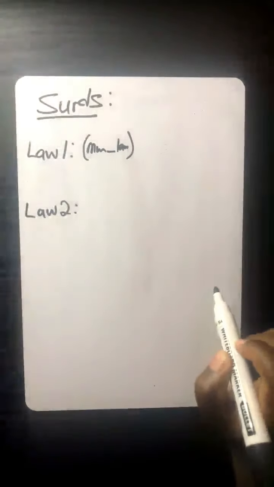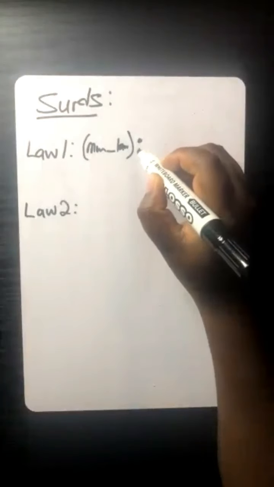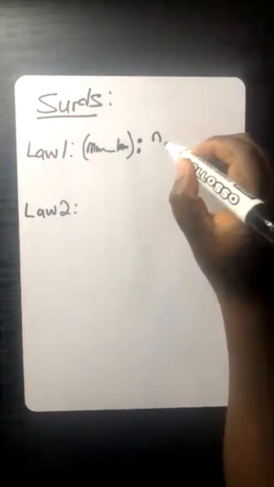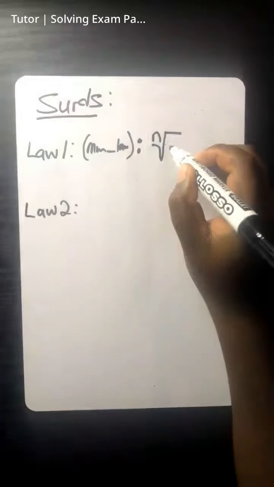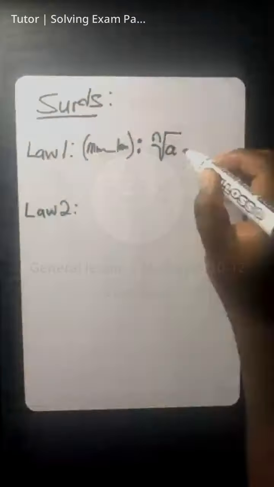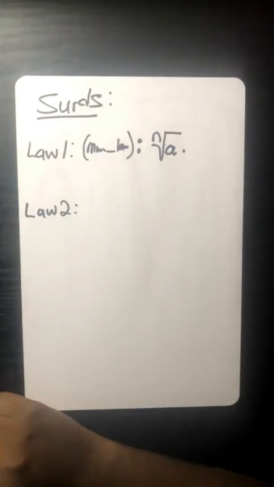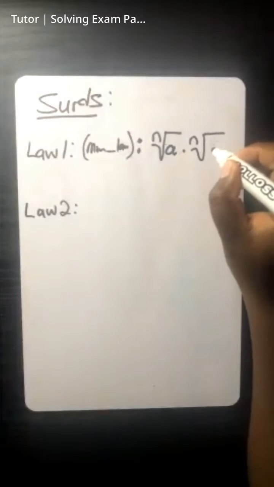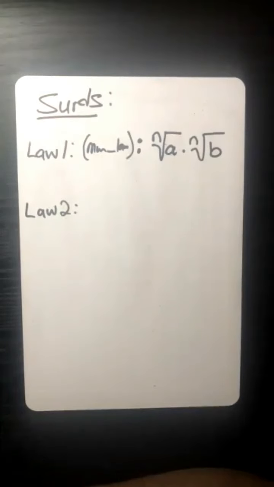It's called the multiplication law, which says when you've got the nth root of a, multiplied by, obviously we have to multiply because we are dealing with the multiplication law, the nth root of b. So you can just write that as part of your notes.